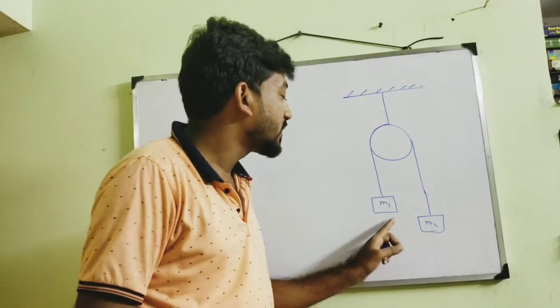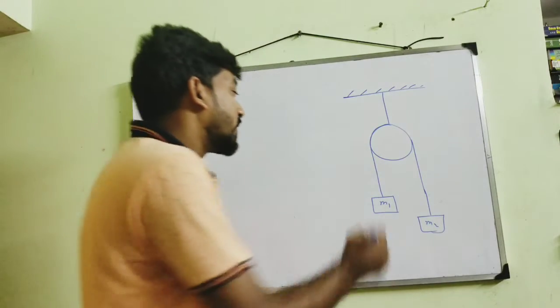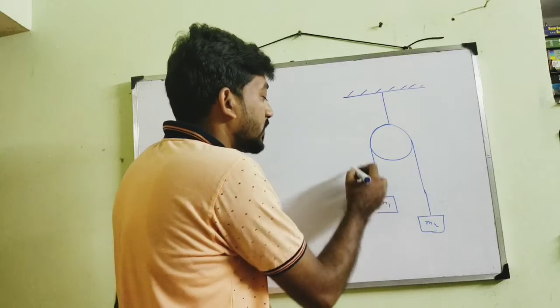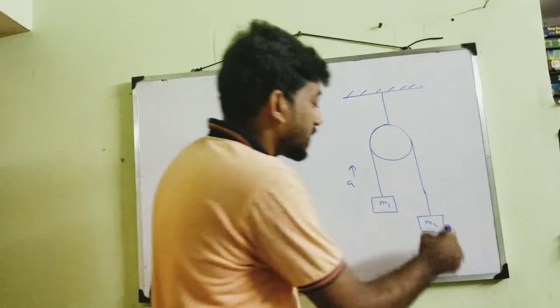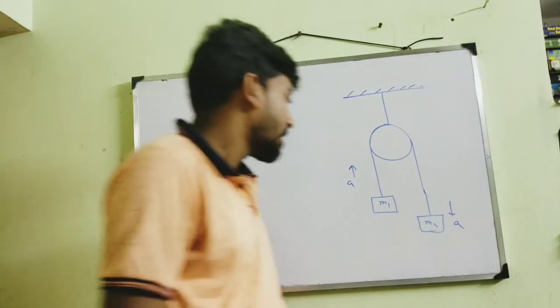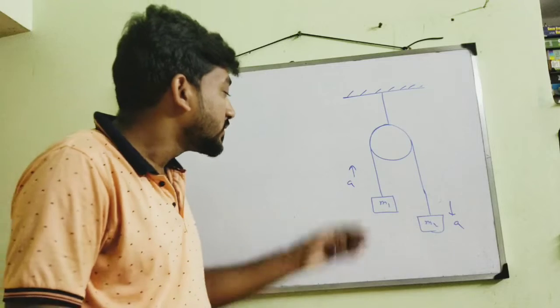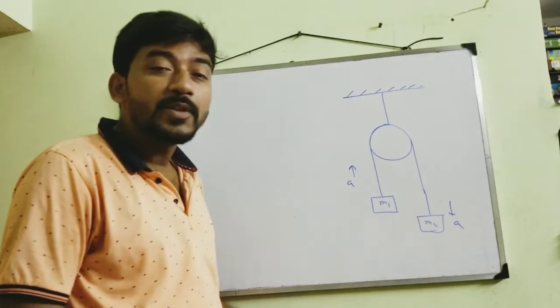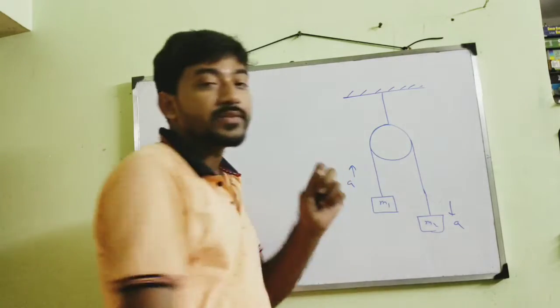If m2 is greater than m1, then the system will move in this direction. So we assume that the motion of m1 will be upwards and the acceleration is a, and the motion of m2 will be downwards because m2 is greater than m1. Now this was our prediction. From experience, we know that the system will move like this.